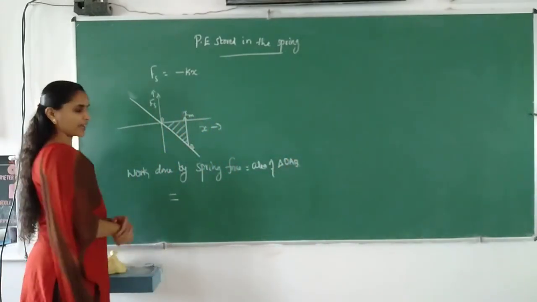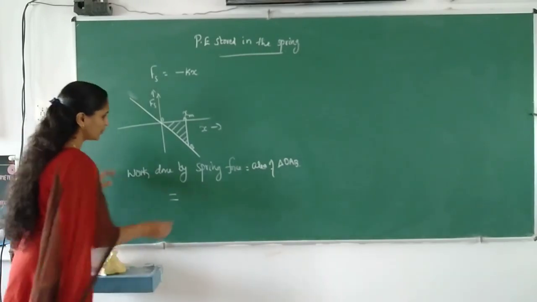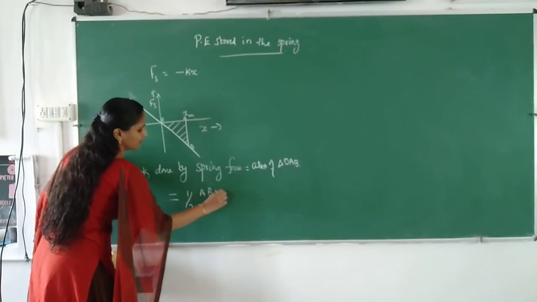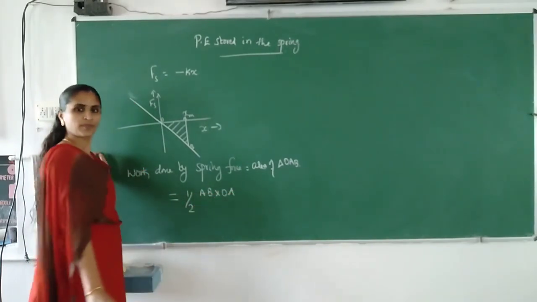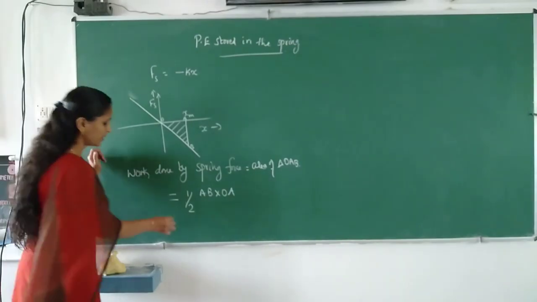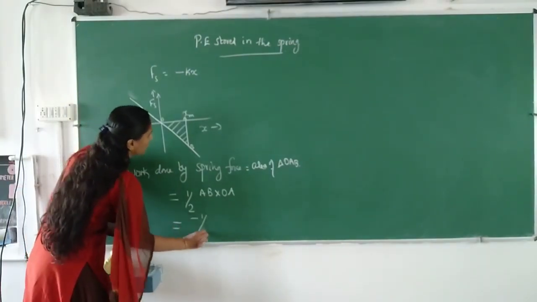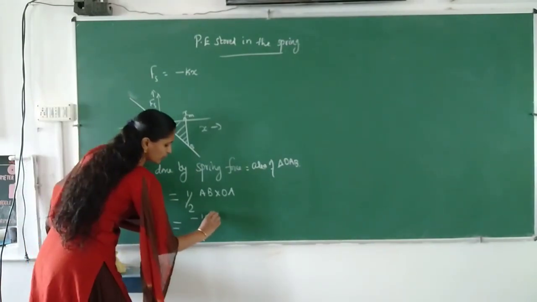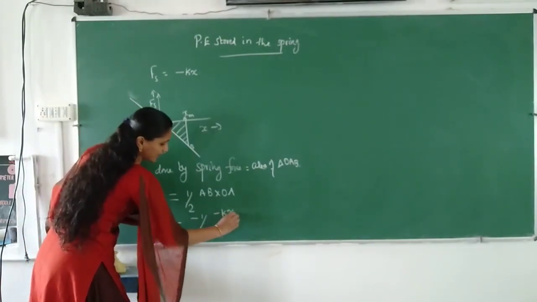And that can be found out as half into AB into OA, where AB is equal to the force acting, so that is equal to minus kx.